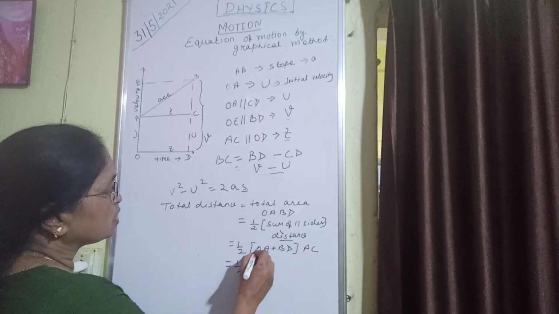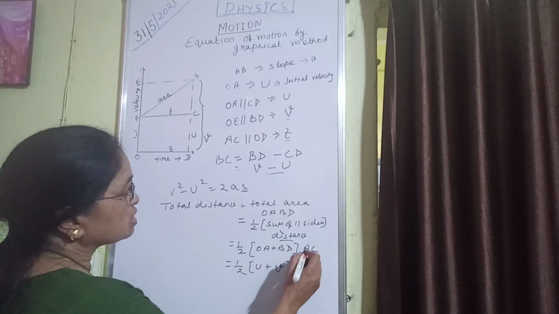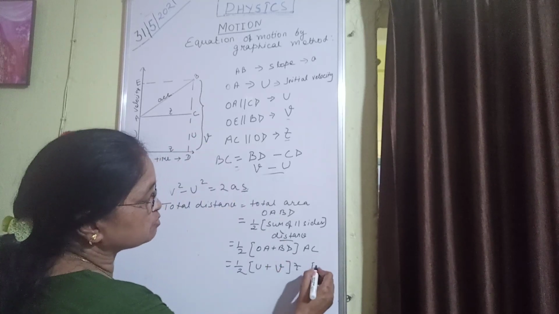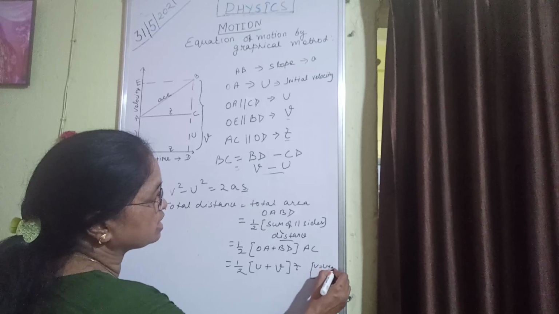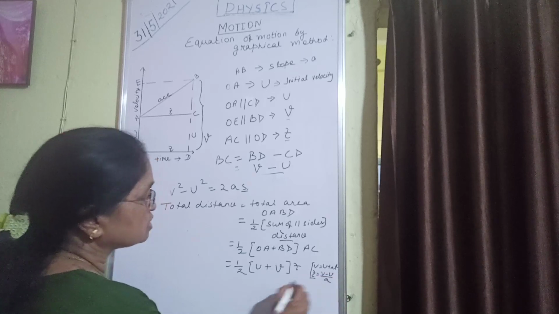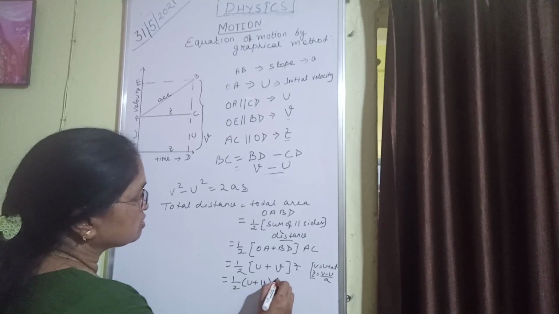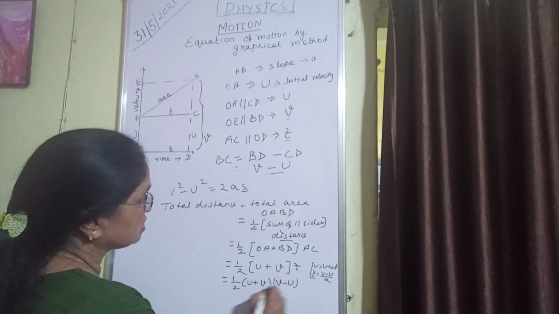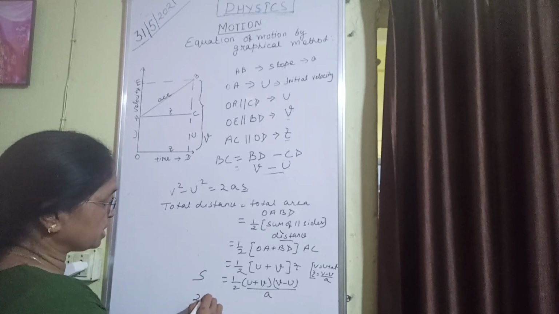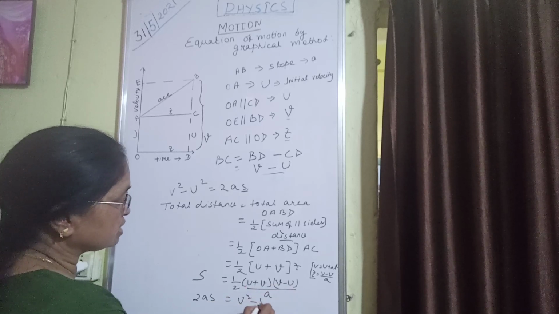Here half, OA is nothing but U, plus BD is V, into AC is T. From the first equation of motion, V is equal to U plus AT, so T is equal to (V minus U) by A. So we get half (U plus V) into (V minus U) by A. So 2AS is equal to (A plus B) into (A minus B), that is A squared minus B squared.